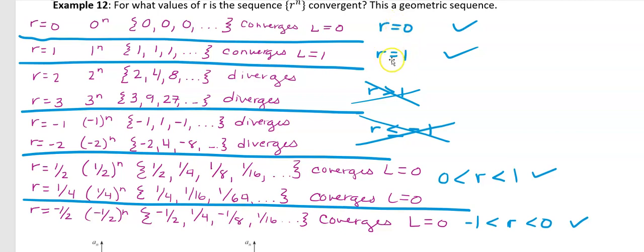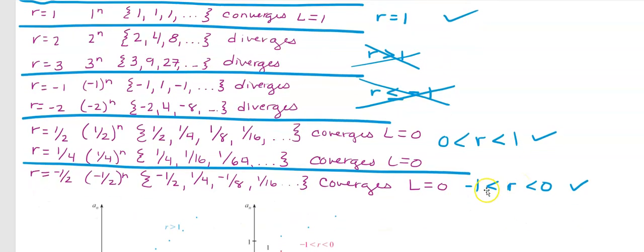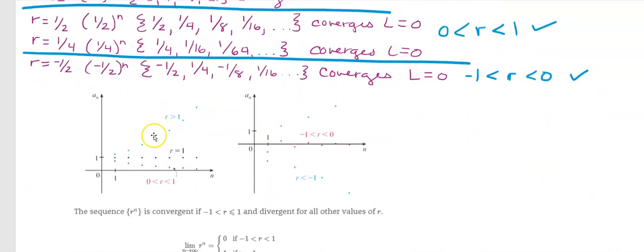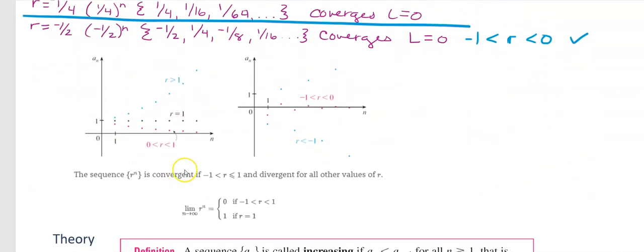Yes. Is r equals 1 between -1 and 1, but including 1? Yes. Is r values between 0 and 1 in that range of -1 to 1? Yes. What about from -1 to 0? Yes. So all of the ones that we saw fit into this statement right here. It's convergent if it's between those values.